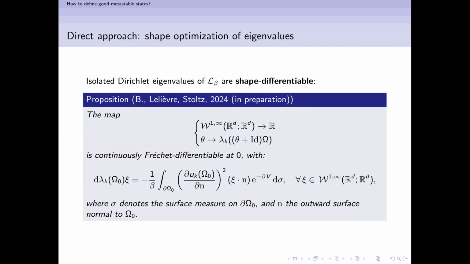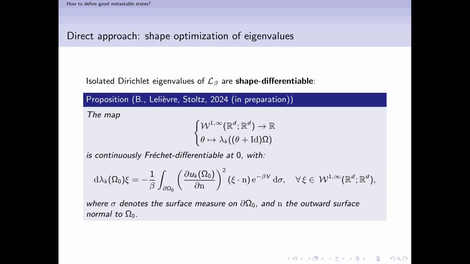If you take a certain map, which takes theta, where theta is a vector field, a perturbation of the shape, you transport the shape according to theta. Omega, you just twist it a bit with theta.